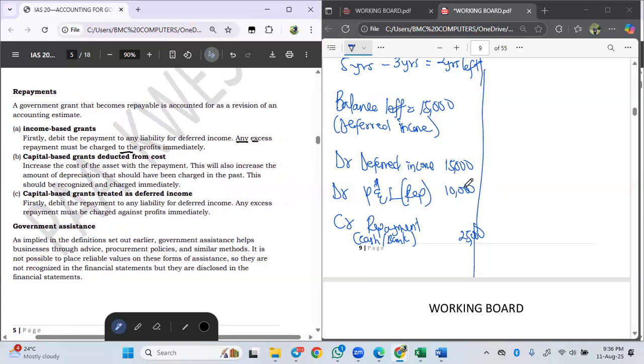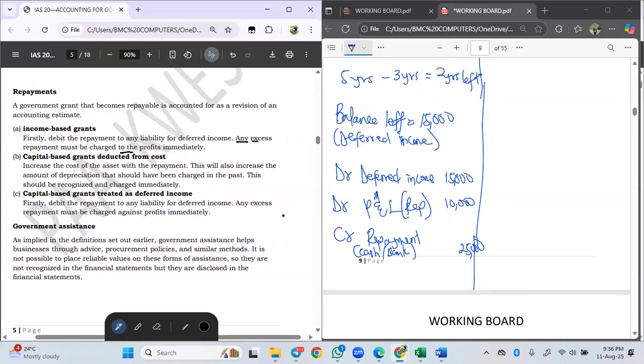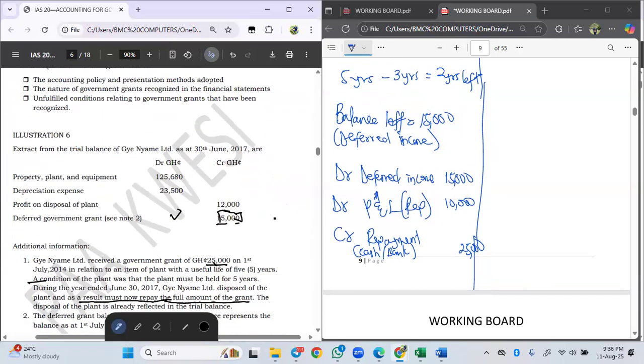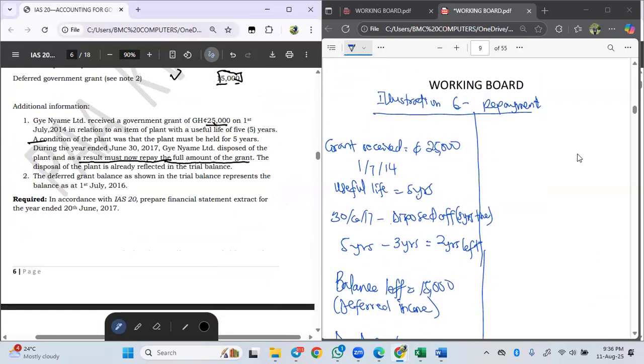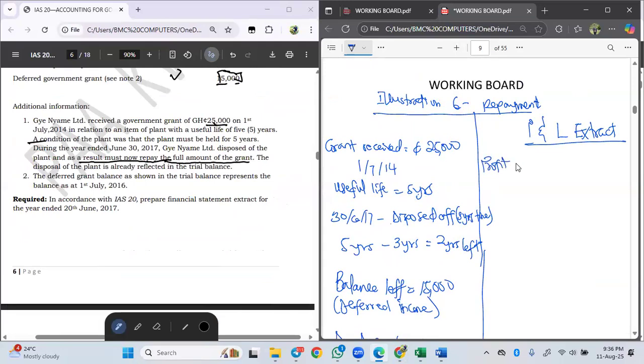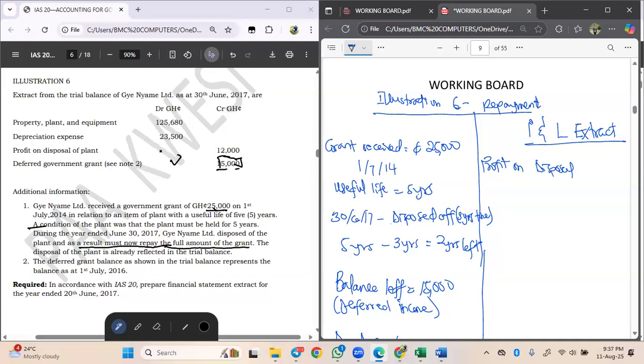We are charging. If you are charging to P and L, it means that you are what? Debiting P and L. So we debit depreciation and all that. So the P and L extracts will be the profit on disposal. The trial balance sheet, profit on disposal. After they disposed of the asset, they got 12,000.